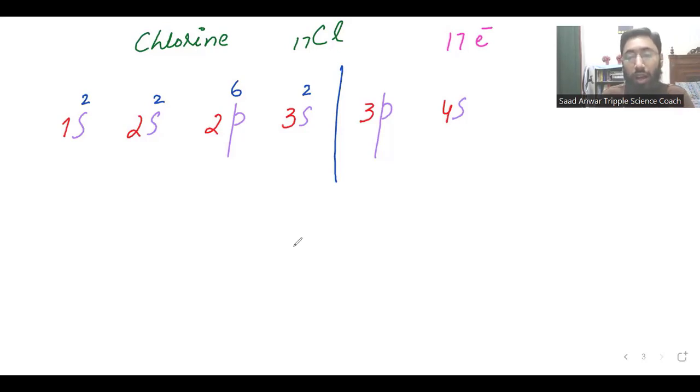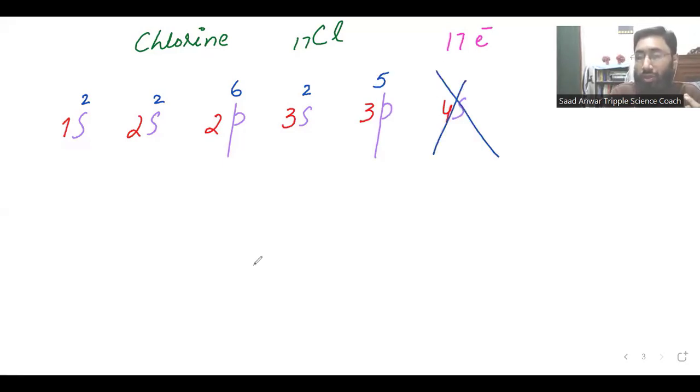12 electrons. I have arranged 12 electrons. So how many electrons are remaining? Yes, Ali, remaining is 5. So I need to put 5 electrons, and I will put the remaining electrons here. What about 4s? Cross it, erase this 4s; no need of this 4s. This is how to arrange electrons in subshells.